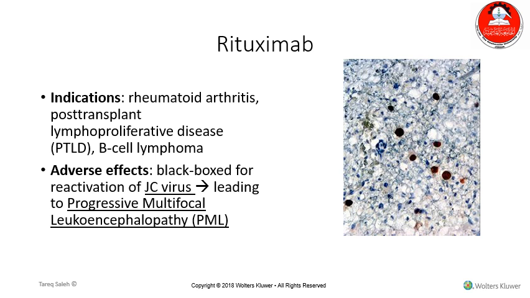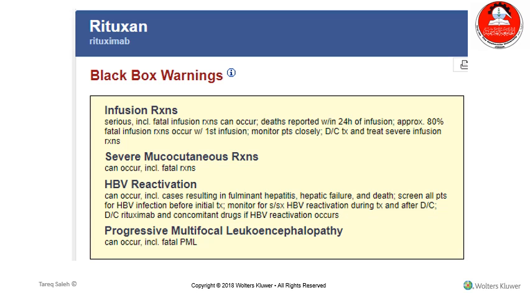But once rituximab is given and it lowers the immune drive, JC virus can lead to a life-threatening disease called progressive multifocal leukoencephalopathy. So that's why rituximab has a black box warning in that it increases the risk of infection. It is associated with hypersensitivity reaction, and it can cause the fatal, life-threatening disease called progressive multifocal leukoencephalopathy.